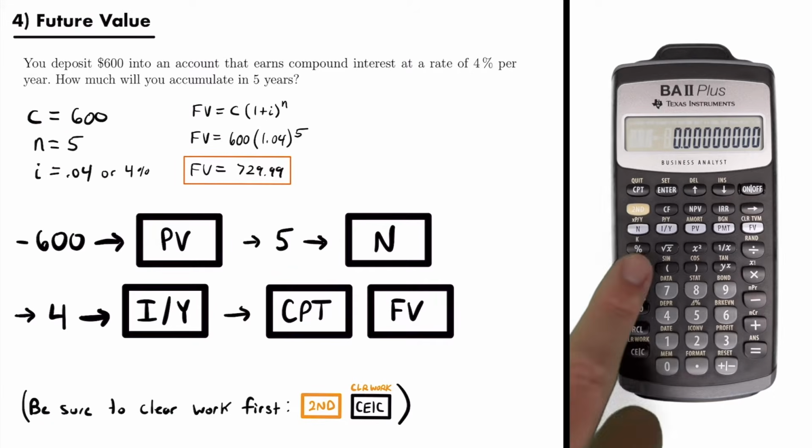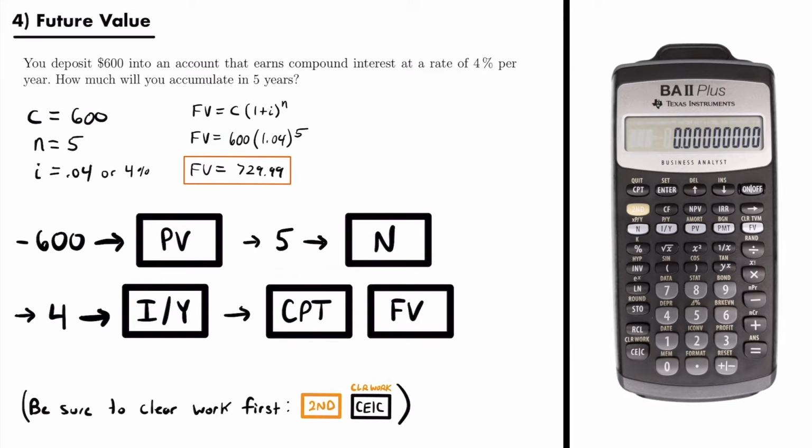Now this N button right here, that is exactly what you think it is. That is going to be the value of time periods. In this case, N is equal to 5, so we're going to be plugging 5 in for that. And then this I/Y button, that is your interest rate. You want to make sure that whatever that interest rate is that you're going to be plugging in occurs at the same frequency as your time period, right?